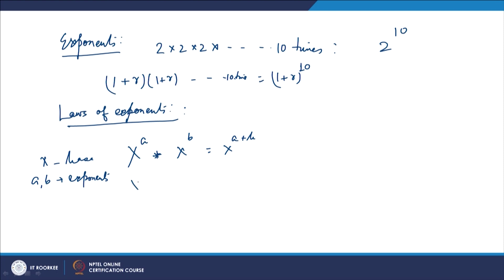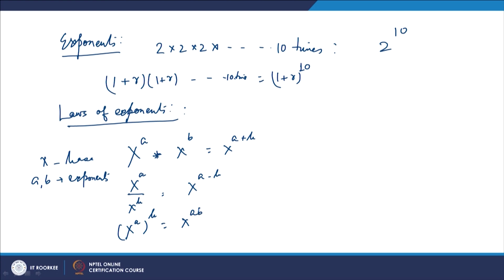Similarly, when we divide x^a by x^b, the exponent will be subtracted. When you have x^a and it is raised to the exponent b, then it is x^(a into b).